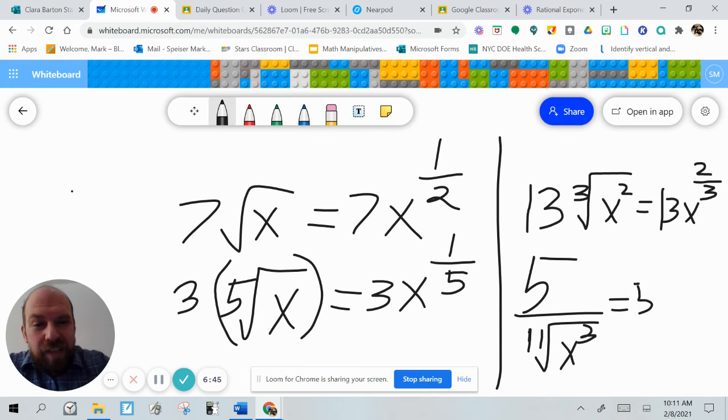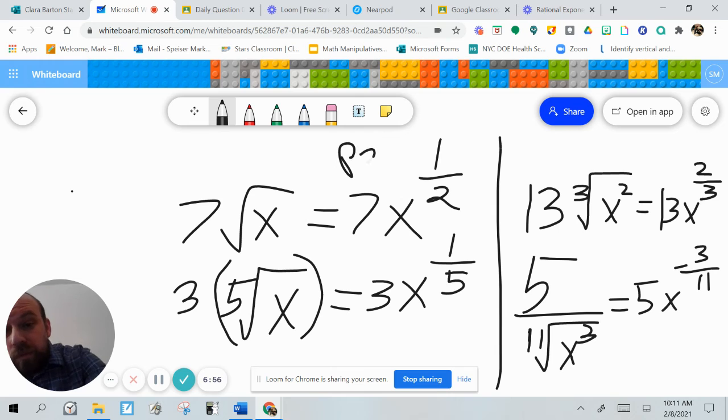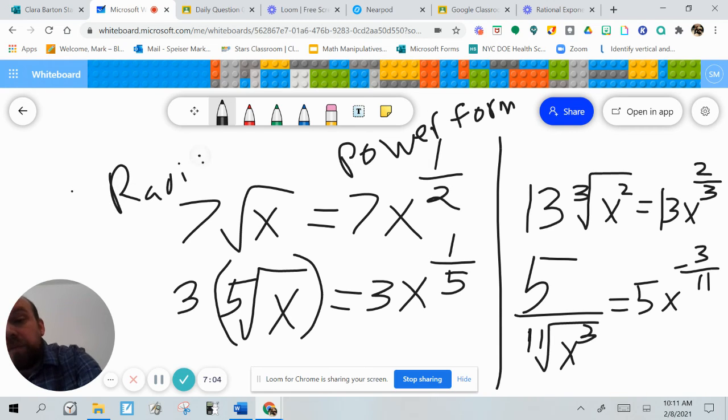That'll be 5 times x to the negative 3 over 11. That's how you transfer these from radical form to power form.